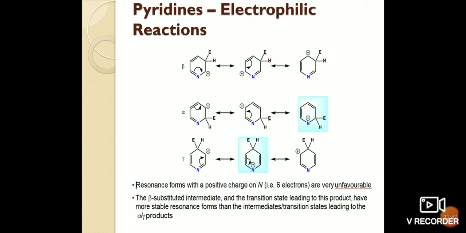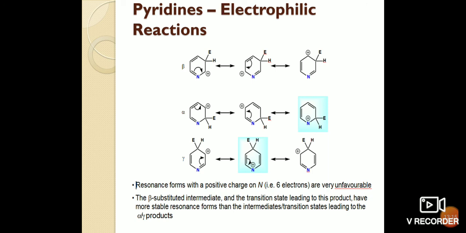If we see the attack of electrophile on gamma position, we see again nitrogen in the pyridine ring becomes electron deficient and the meta position of the ring becomes electron deficient. So resonance forms with a positive charge on nitrogen, that is 6 electrons, are very unfavorable, hence they are shaded.